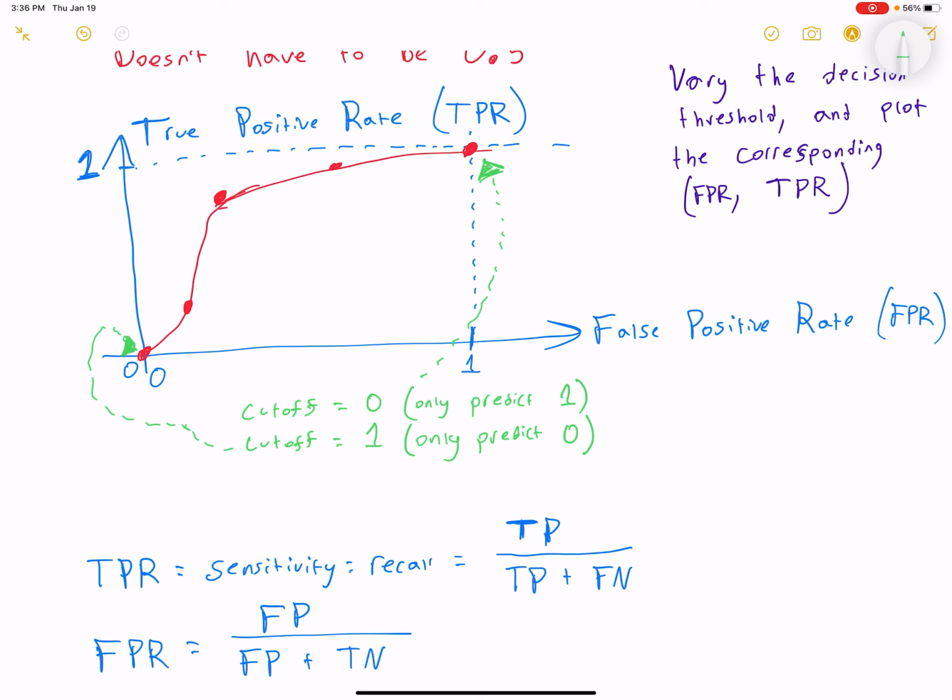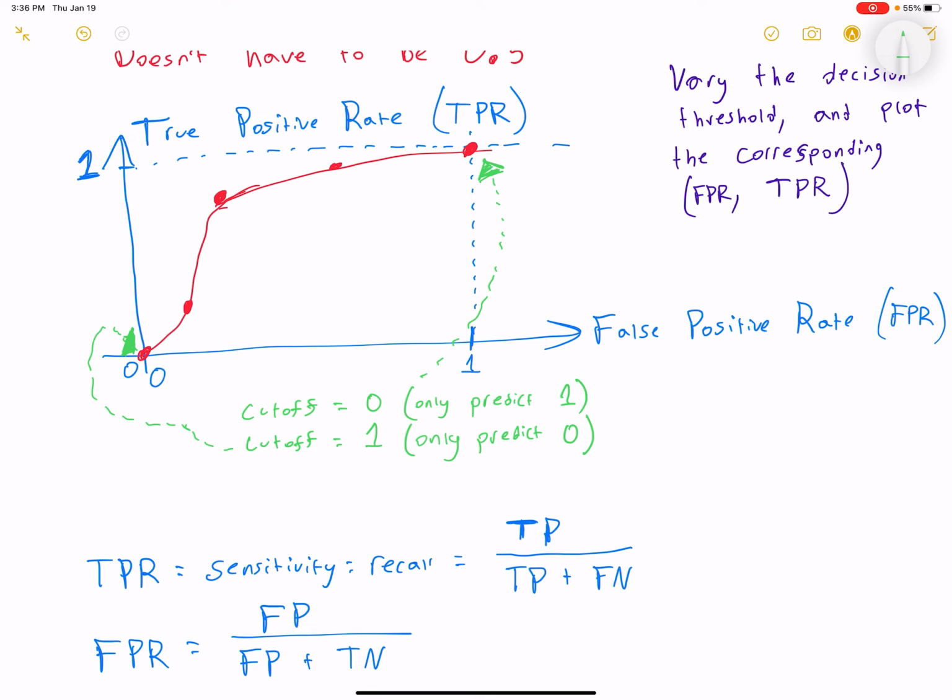Is it clear that that's an arrow? Okay, sorry, I'm getting hung up on that. So in that case, everything is predicted to be a 0, so the true positive rate's 0 and the false positive rate's 0 because there are no positive predictions. The numerator is 0, no positive predictions.